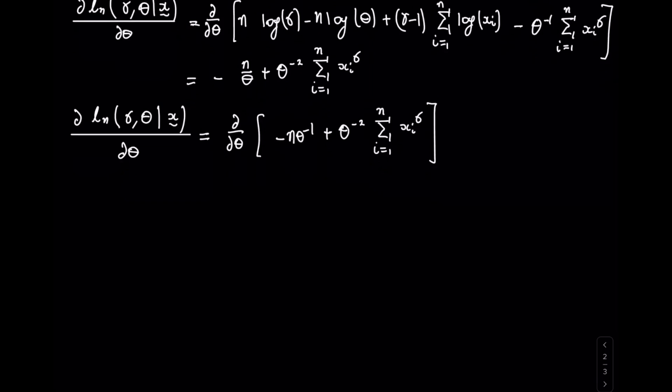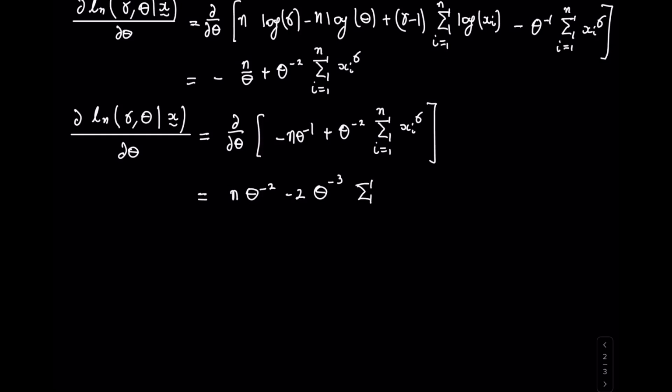And what do we get when we arrive at this particular function? You've got -1 comes down the front. That gives you a positive. And then you've got to take 1 off the power, so it becomes -2. For this case here, you've got a -2. That -2 needs to come down the front. -2, 1 off the power gives you -3.